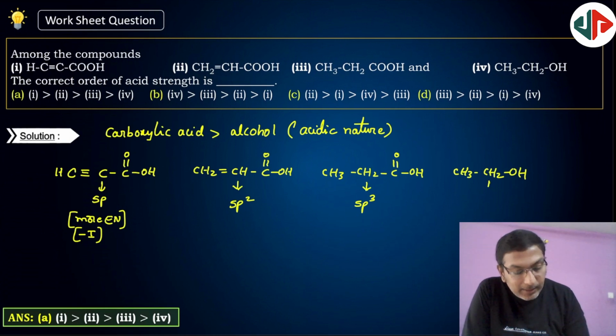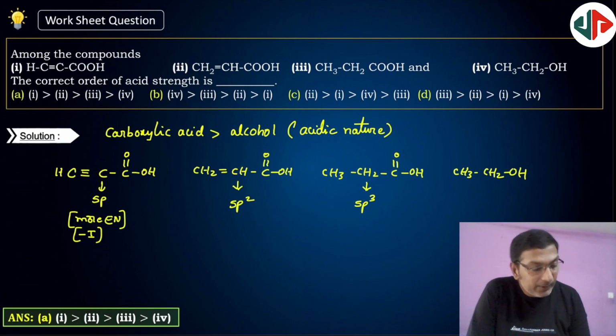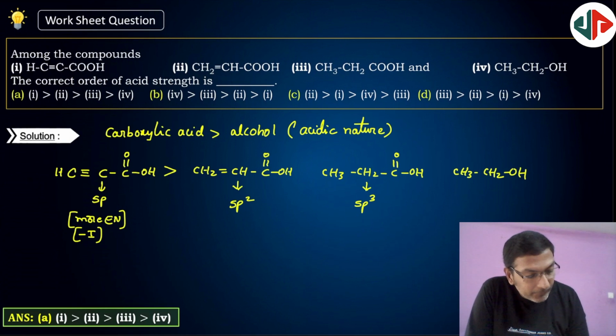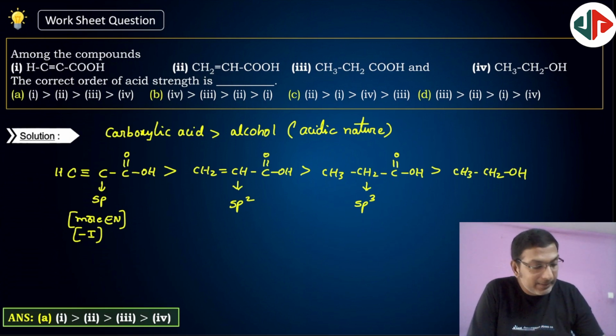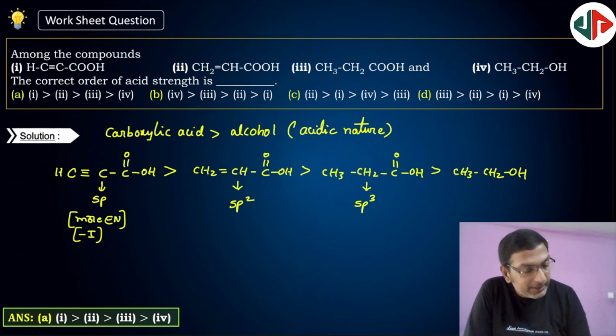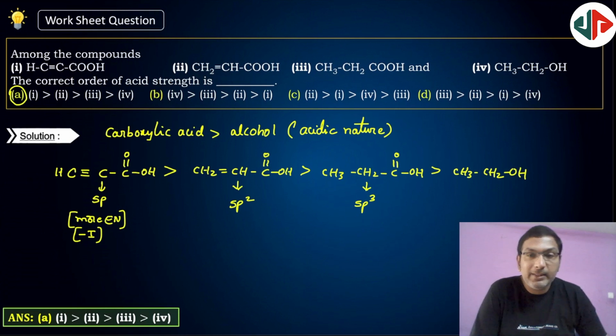Here just alcohol, no need to write. So clearly this will be the acidic strength. The sp carbon is the stronger minus I group, therefore that will be most acidic. Therefore option 1, 2, 3, 4, option A.